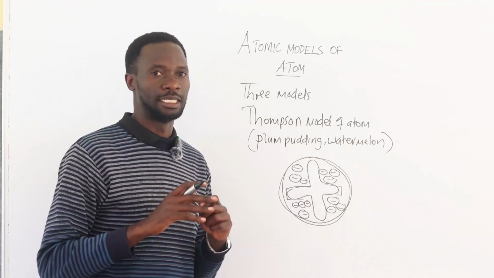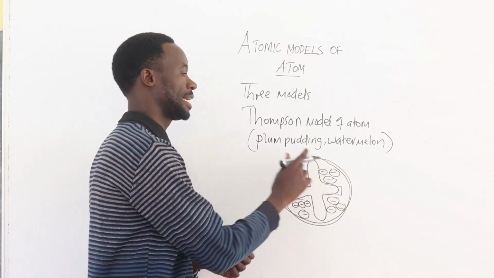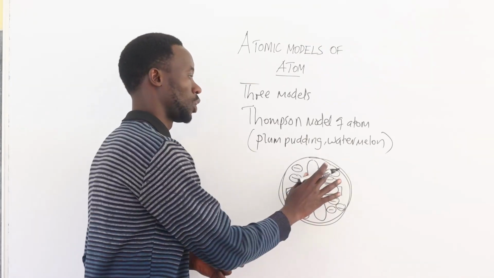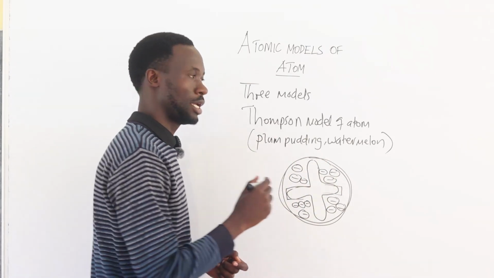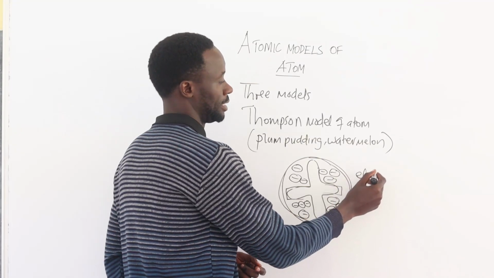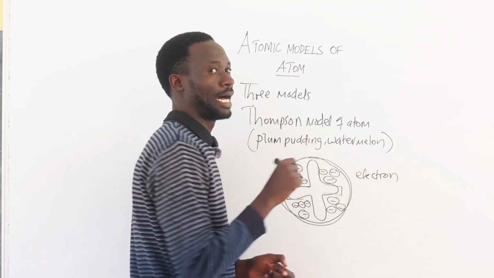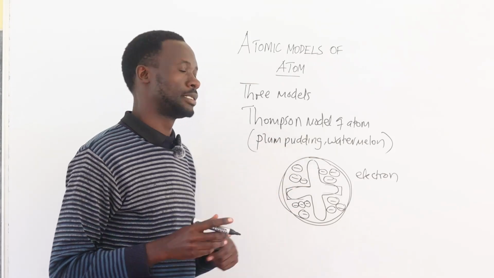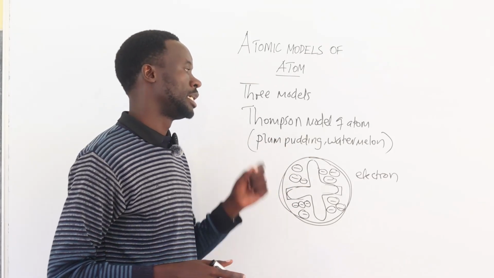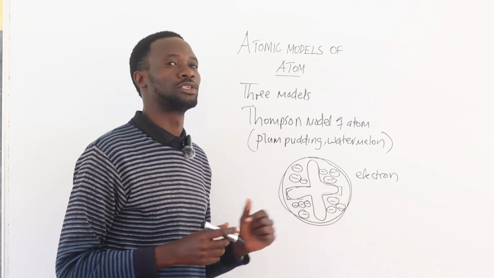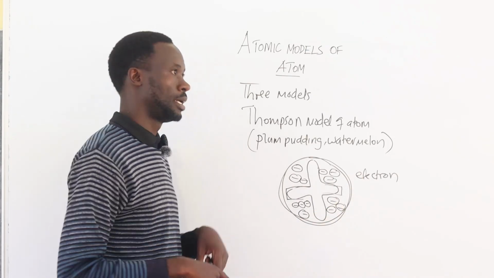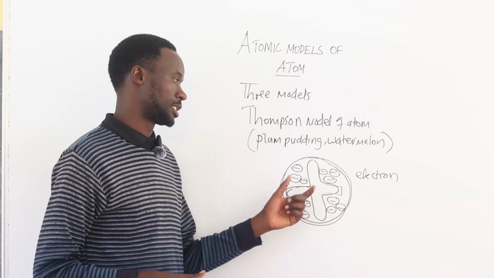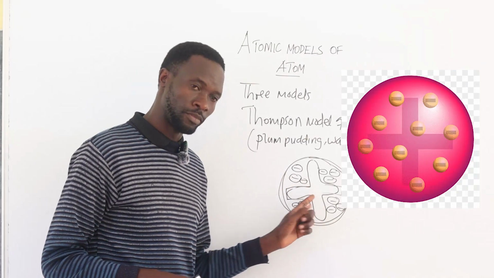This positive charge is surrounded by negatively charged particles called electrons. So here you can find the word electron come into use through this Thomson model, and during this model the electrons were discovered. According to Thomson, the structure of atom is like this.